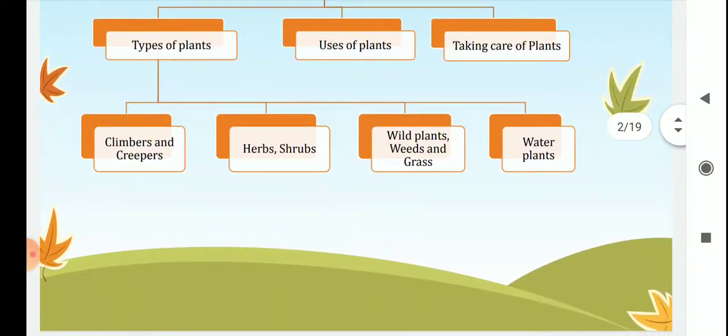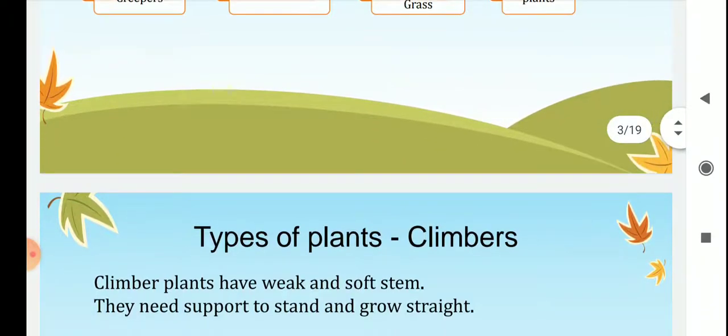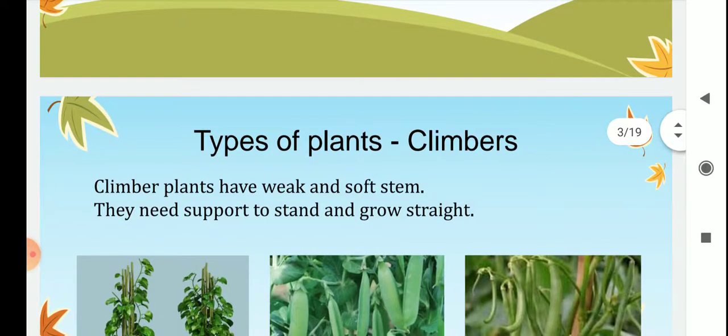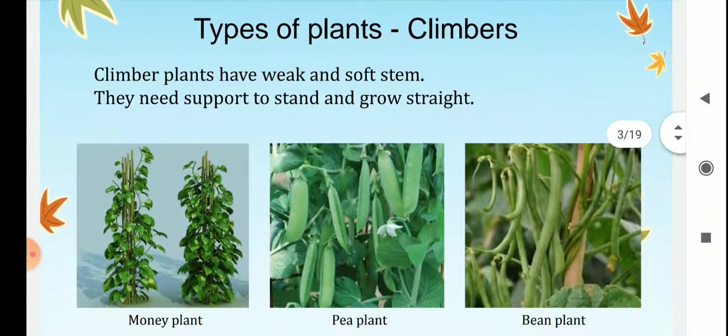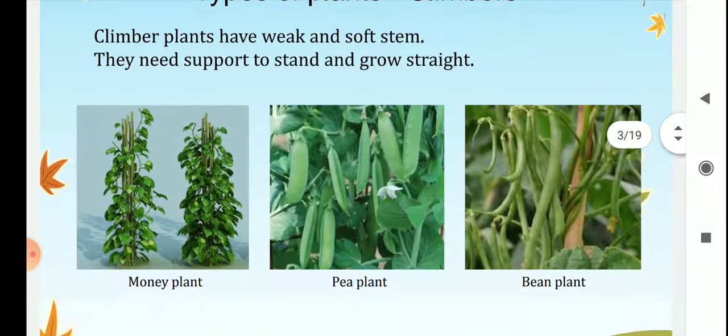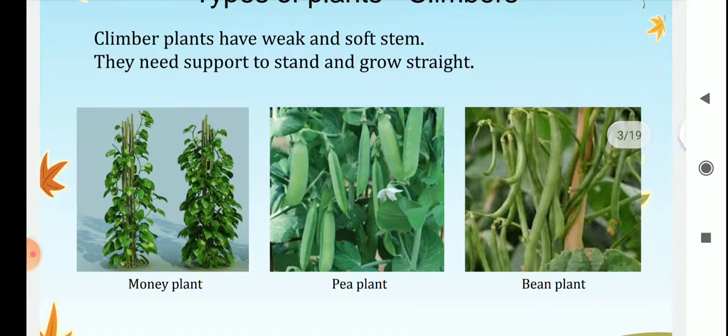Now the first one is the climbers. Climber plants have weak and soft stems. They need support to stand and grow straight.